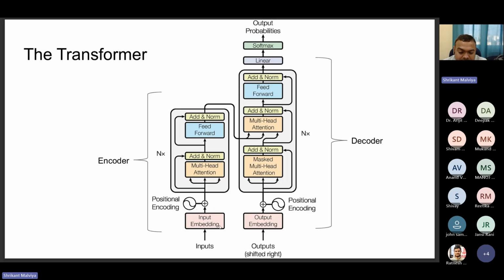Those embeddings do not carry order information, like at which particular location in the sequence a particular word is occurring. That's why summing up the positional encoding is necessary here.